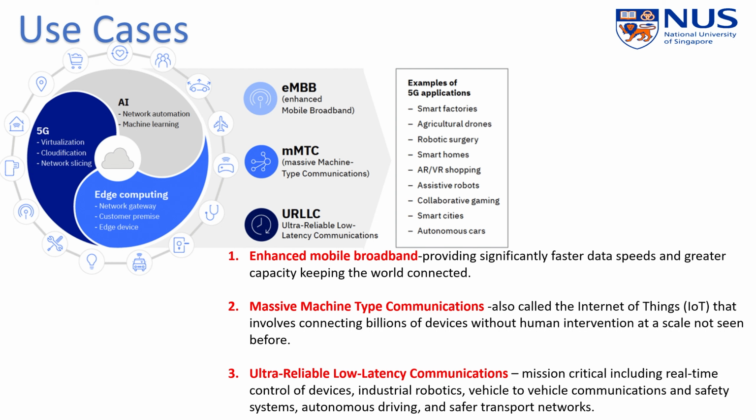The first one would be enhanced mobile broadband, which provides significantly faster data speed and greater capacity, keeping the world connected. The second one would be massive machine type communication, which is also called the Internet of Things, which involves connecting billions of devices without human intervention at a large scale.